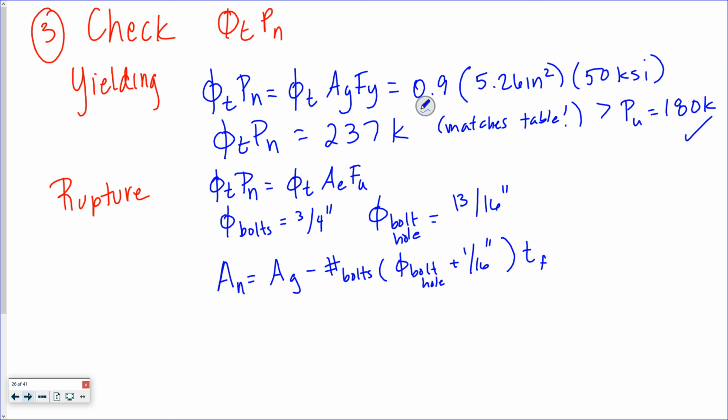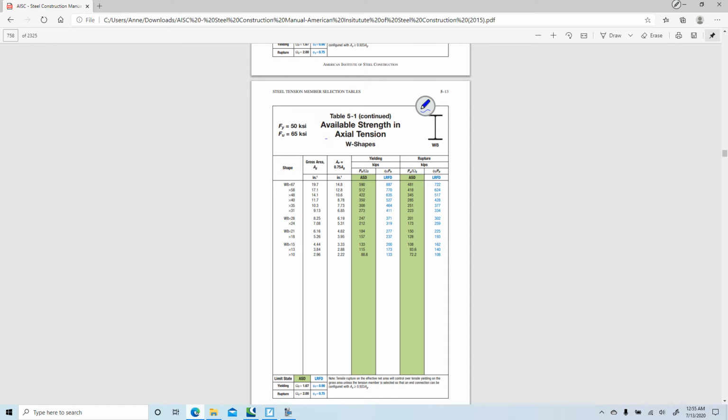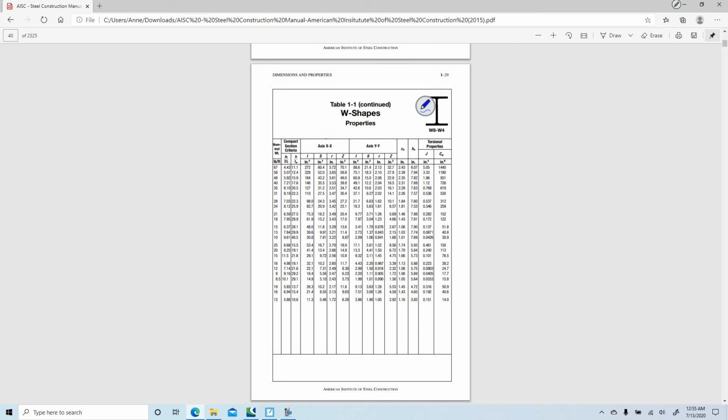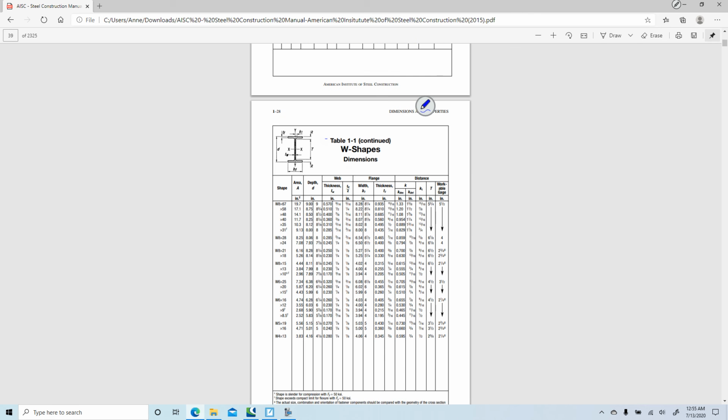So you flip to, let's see, page 1-28. Let's see.